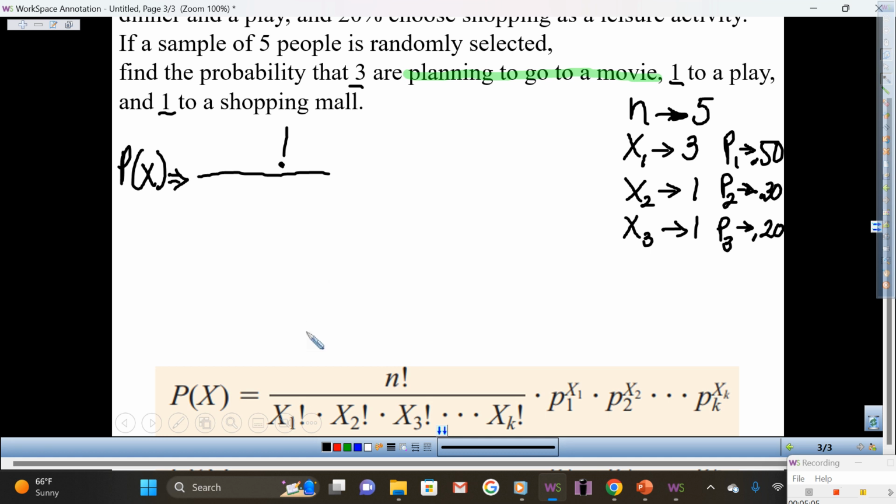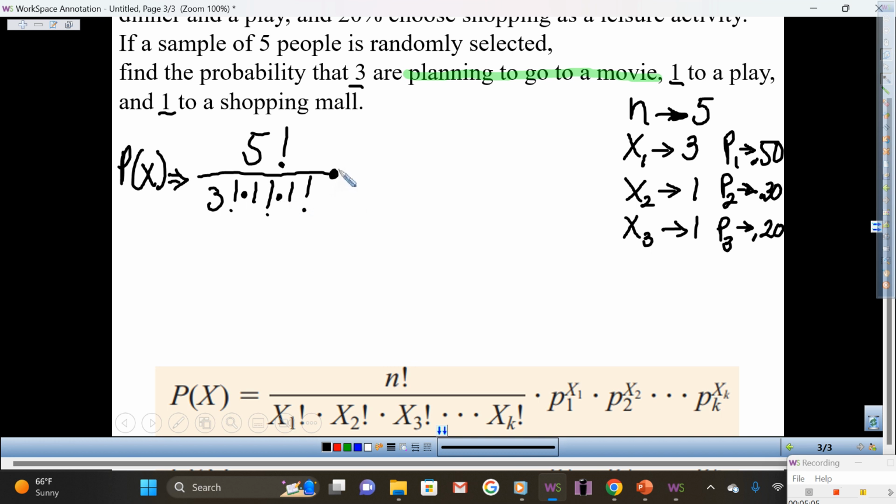Zach, what do I write in the numerator? Okay. How about the denominator? Yes. Thank you. Yes, times and times.